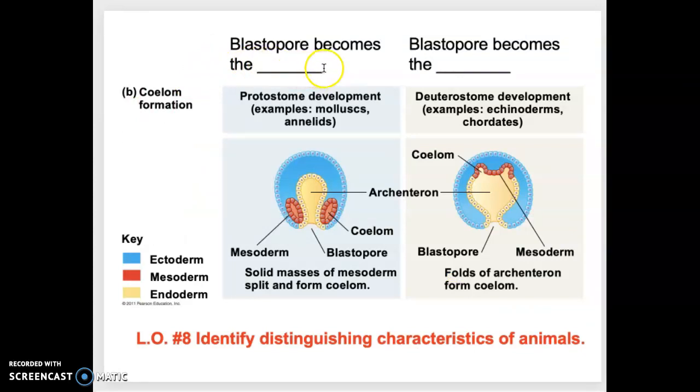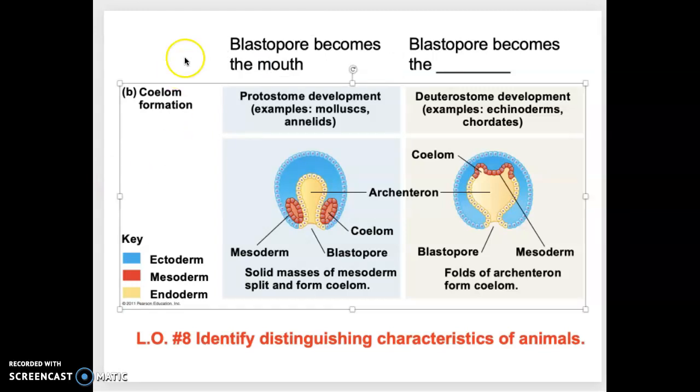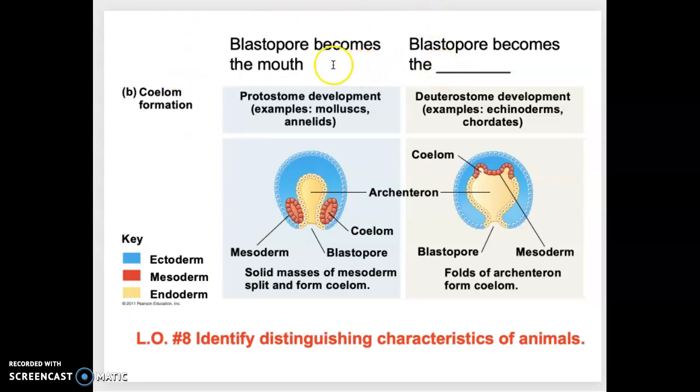If the blastopore becomes the mouth first, then you are considered a protostome. If the blastopore becomes the anus first, then you are considered a deuterostome. So what we'll see is, a lot of animals are protostomes.